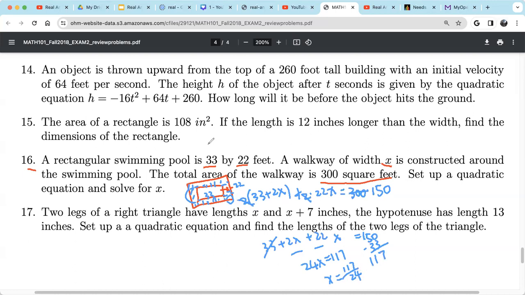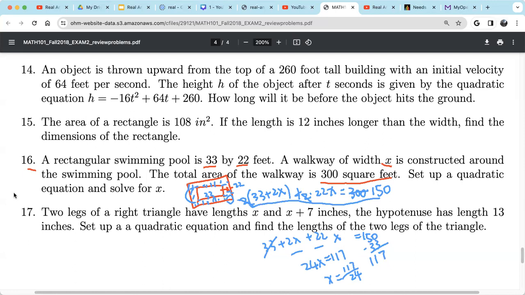If we want to convert into decimals, we punch it into the calculator. So the equation is set up like this, and to solve it, x equals 117 divided by 24.